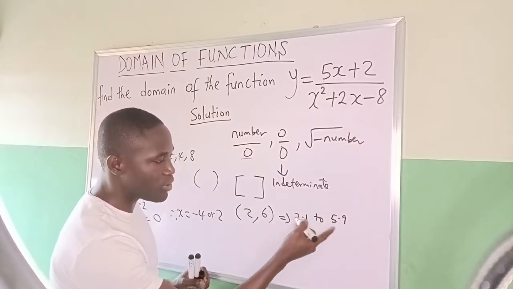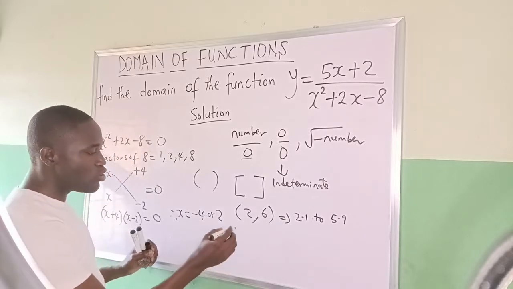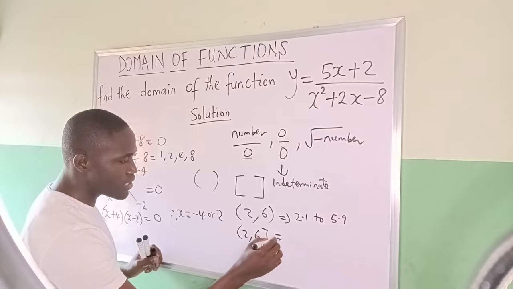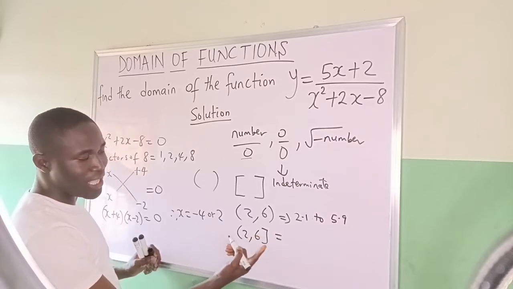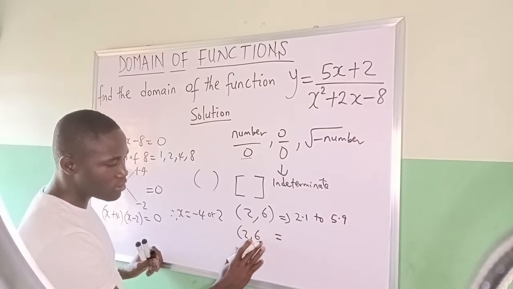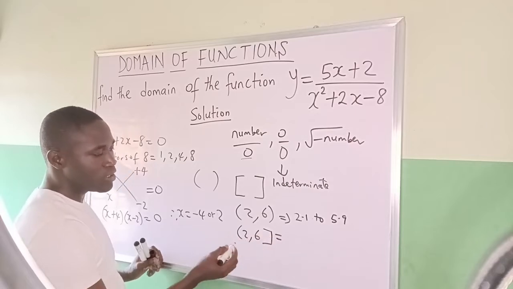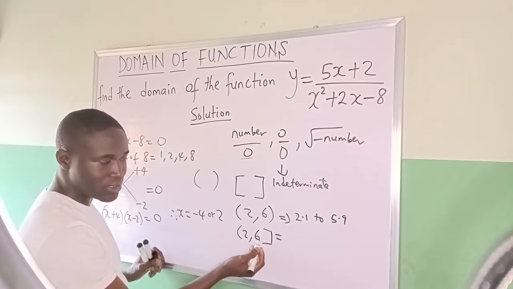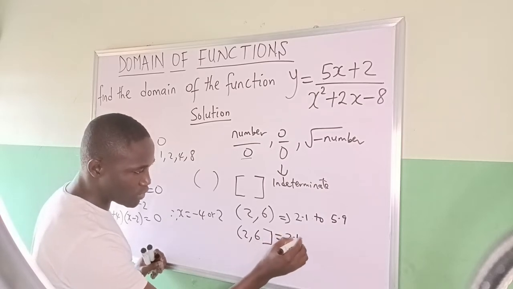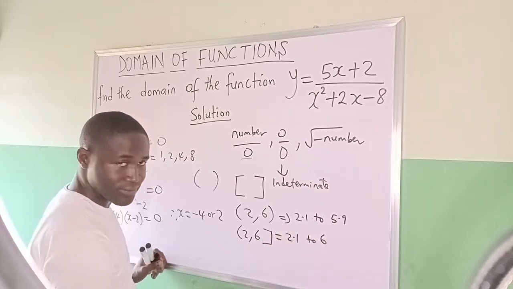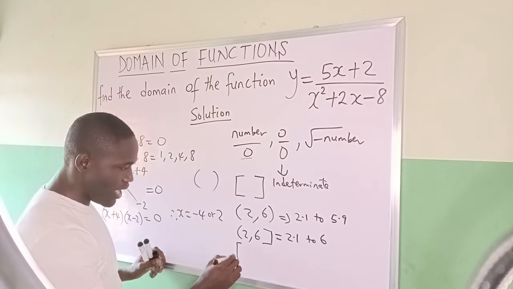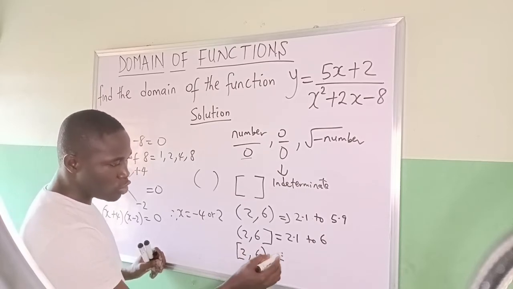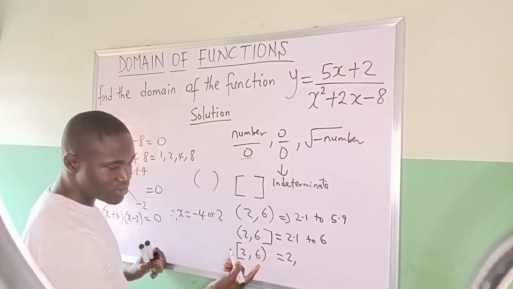2.1 to 5.9. But when you have something like this, the implication that it is open bracket and closed bracket, this is a block bracket. That means 2 is not included, but 6 is included. I will say start from 2.1 and stop at 6. But when you have something like this, that means 2 is included, but 6 is not.